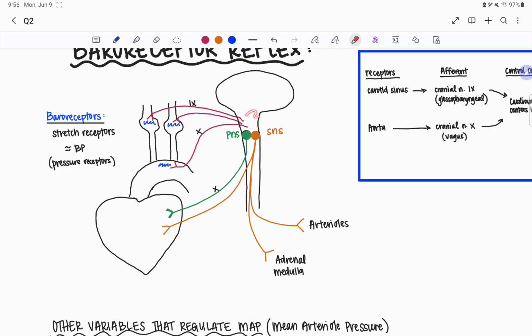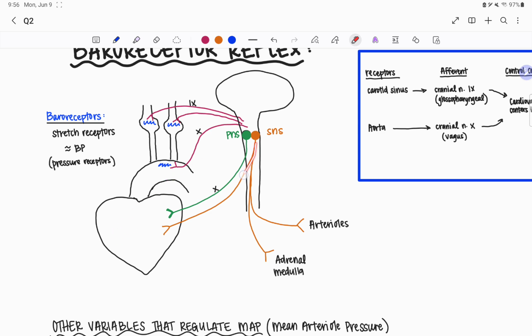And then they come into your CNS, and then they're going to affect your PNS and your SNS, your parasympathetic nervous system and your sympathetic nervous system. The PNS is going to work again through the vagus nerve on the heart, and it's going to help us slow down our heart rate, or if we turn it off, it'll allow us to increase our heart rate.